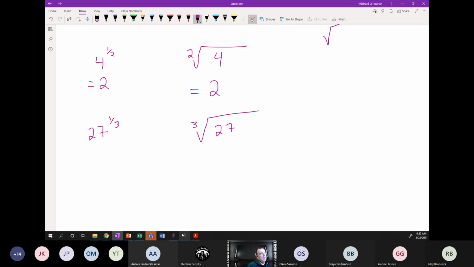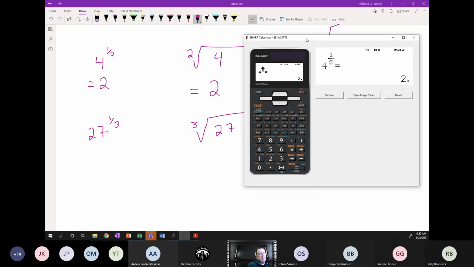Okay. So when I use my calculator here, there's actually a button here that has a 3 and a square root sign. So I can do a shift, this, and see how it has a 3 and a square root, and put in 27 there, and it gives me 3. The other way I could do it is I could type 3, and there's a button here with an x square root sign.